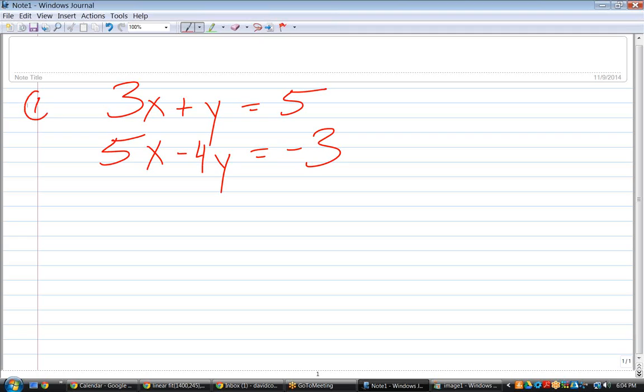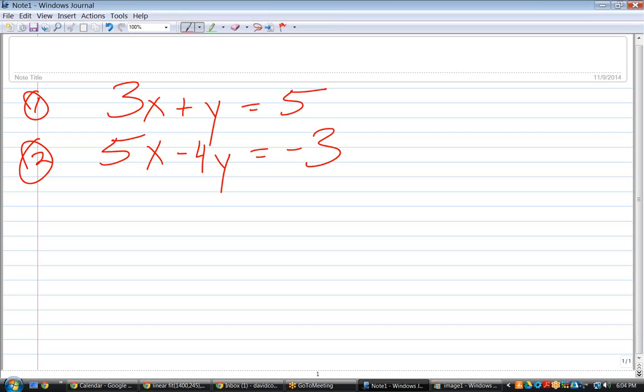Let's call that equation 1 and that equation 2. You can always add or subtract equations. Unfortunately, if I add or subtract these two like they are, I'll still have two variables.